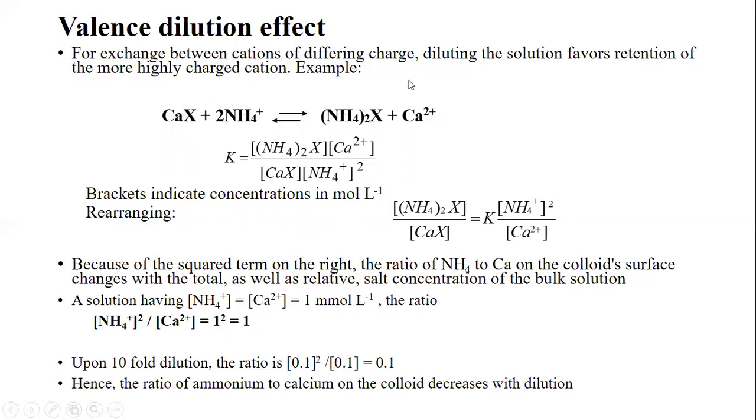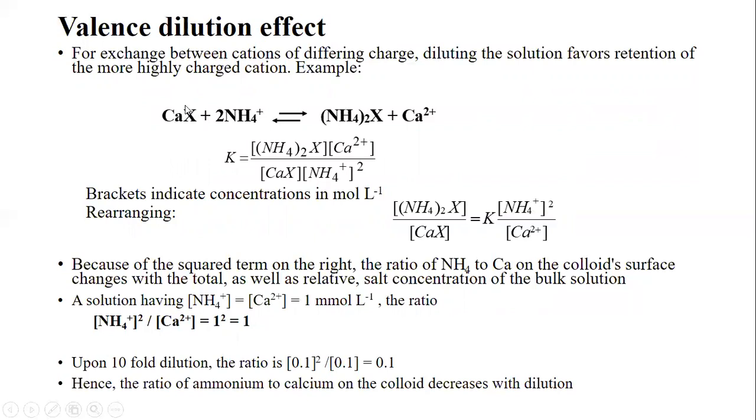That means the one with the higher charge, higher valence, will be the one retained or exchanged on the surfaces more than the lower valency. We'll take this example and see how it works. Calcium on the exchange complex, we added 2 ammonium to give NH4 2.